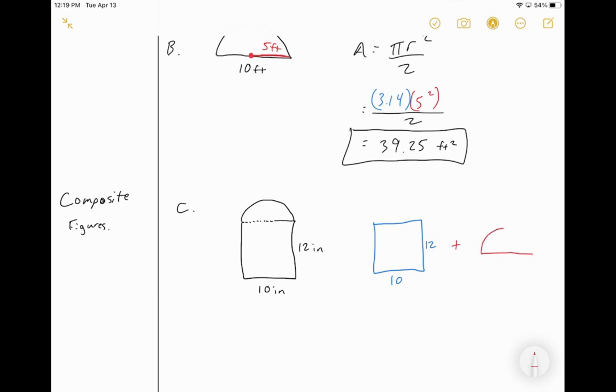Now, this is a little bit tricky here. We don't know the measurements of the semicircle, so this is what we have to do. We have to think, well, this is 10, and this is a rectangle, which means this is also 10 up here, which means this right here is 10, which means this right here would also be 10.